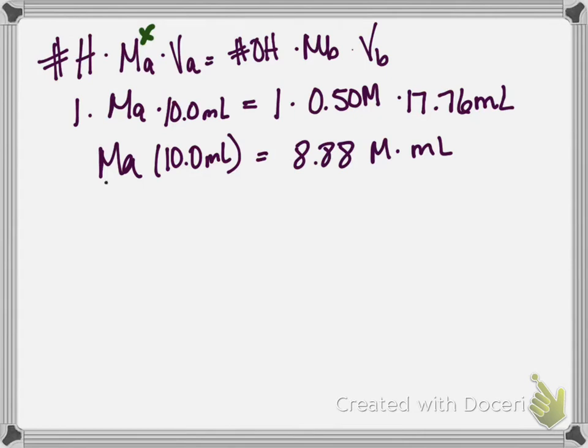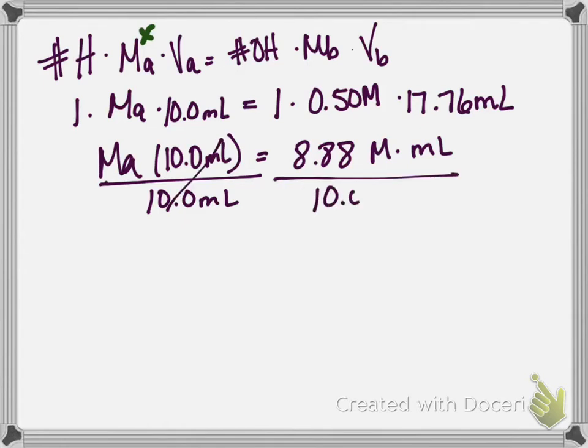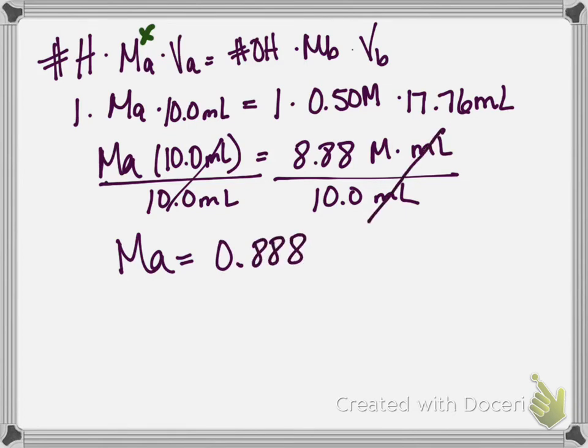And to get our unknown by itself, we want to divide this side by 10 mLs, and we do the same to the other side. So the molarity of our acid, we take 8.88, divide that by 10, is going to give us 0.888. And take a look, milliliters cancel out. You are left with molarity. And that should make sense because we're solving for the molarity or the concentration of the acid.